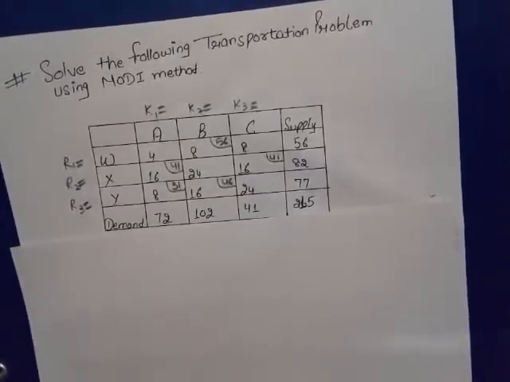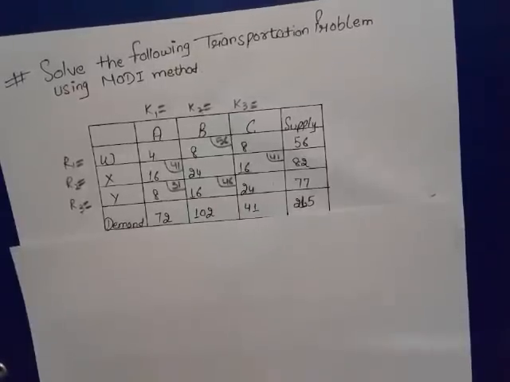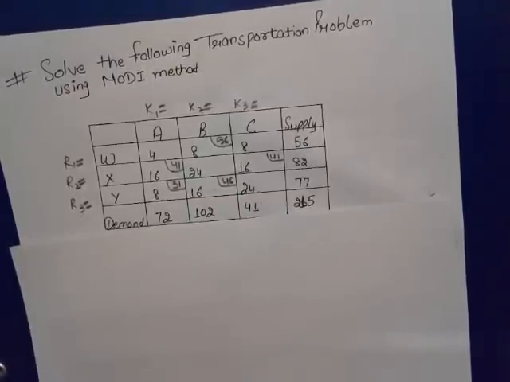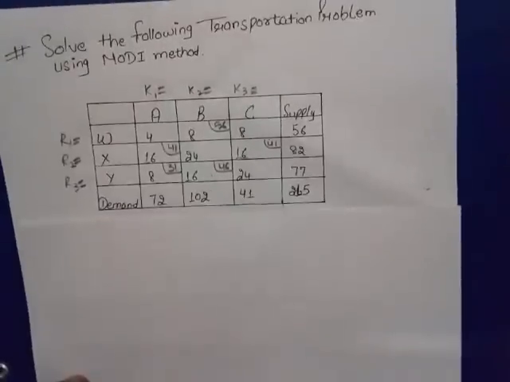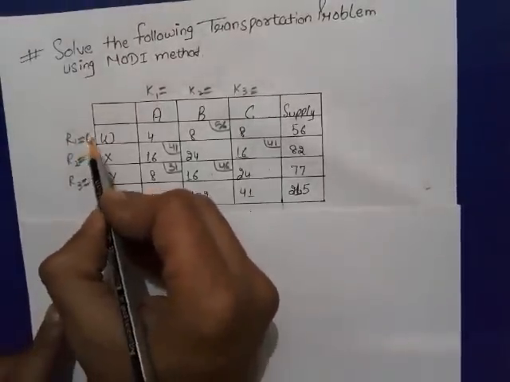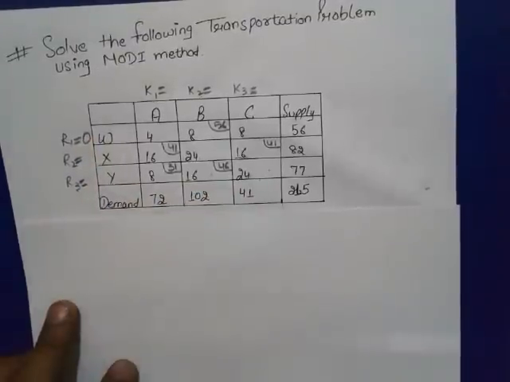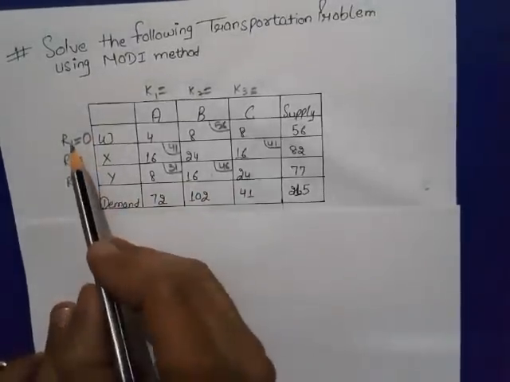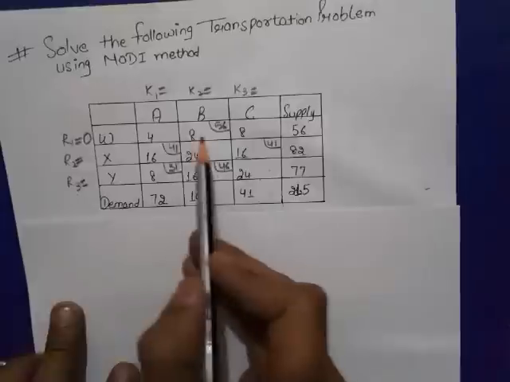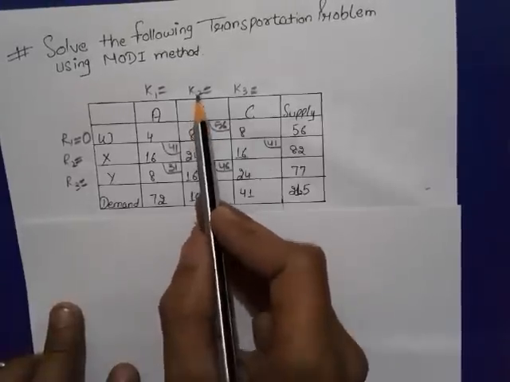So now we have to calculate R1, R2, R3, K1, K2, K3 in the same way which we have done earlier. Give R1 value 0. So R1 plus K2.